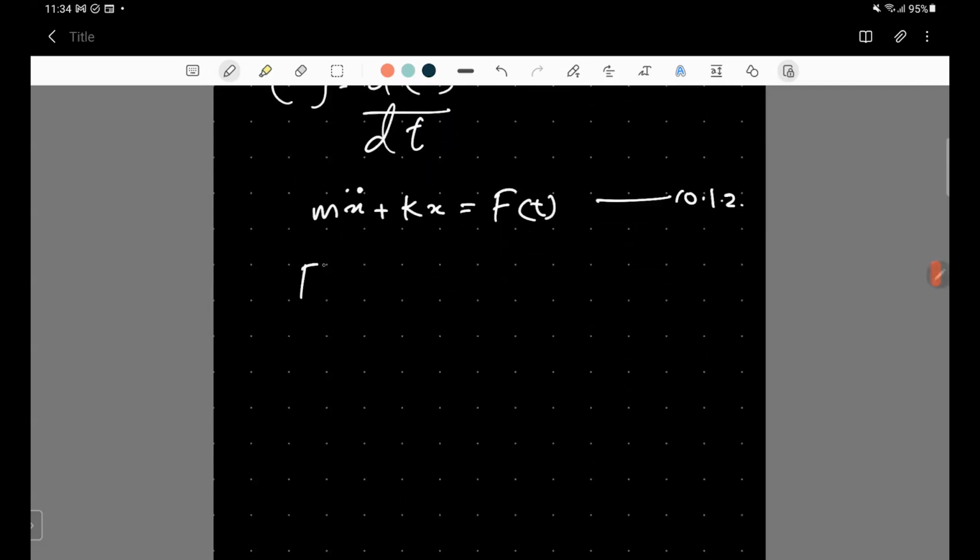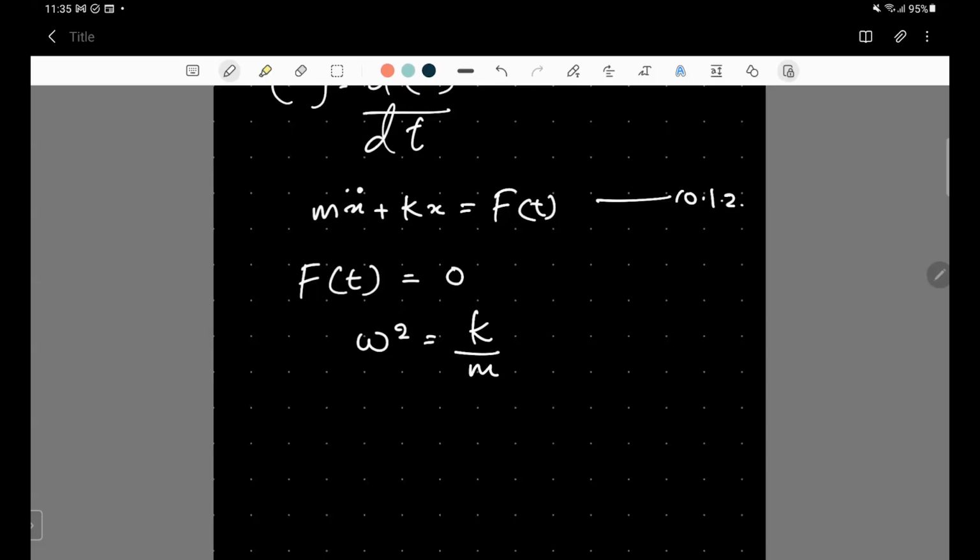So when F(t), the time-dependent varying force, is 0, what we can define in this case is an omega term, which is equal to k divided by m.